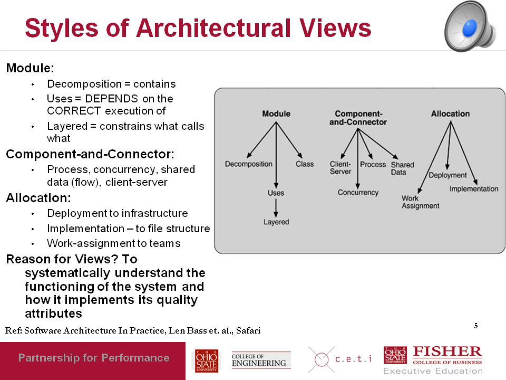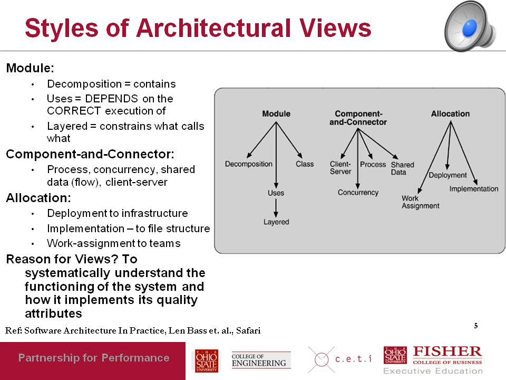The second architectural view style is the component and connector style. Here the idea is to show dynamic behavior and interactions between a set of elements in the architecture. The third style is the allocation view style.